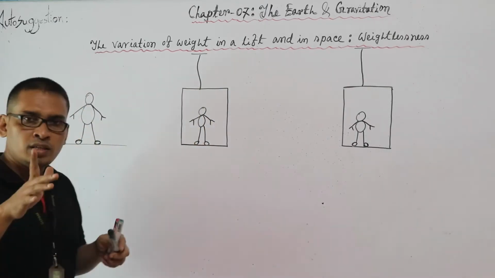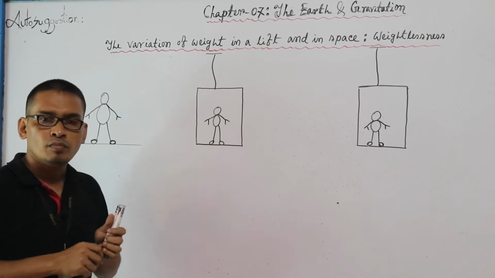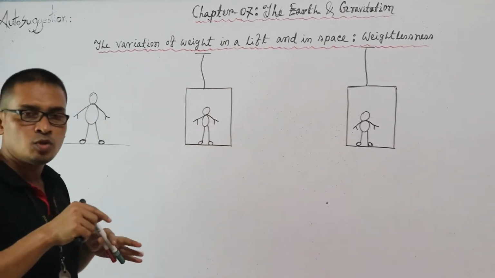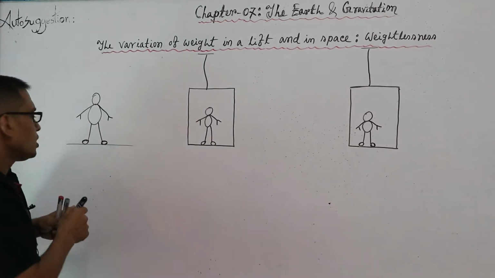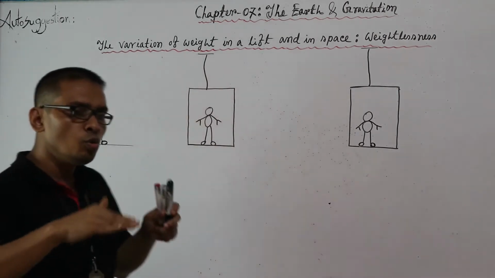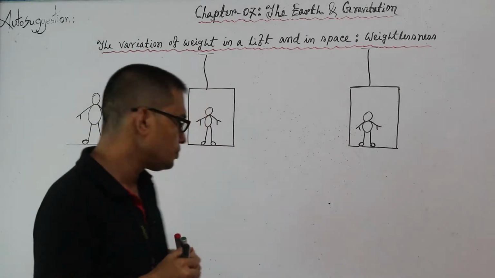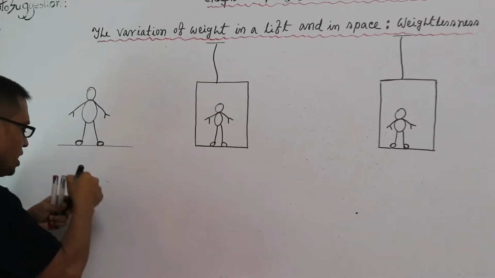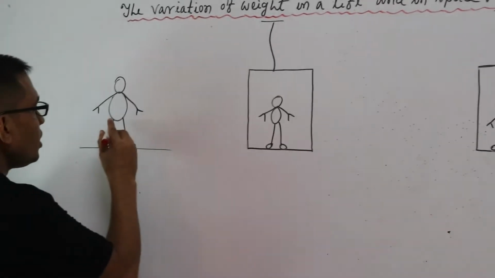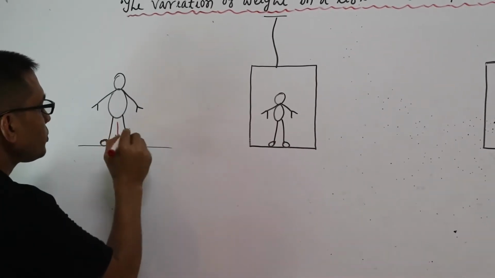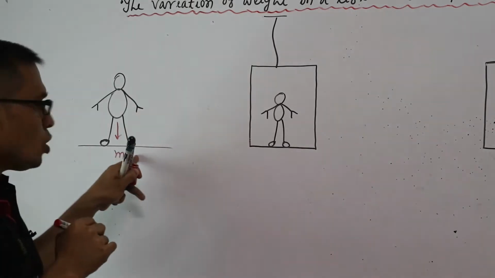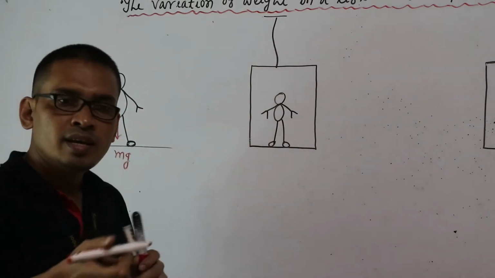And you know weight is the force by which the earth attracts an object towards its center. And when we feel our weight, suppose we apply mg force on the surface of the earth.